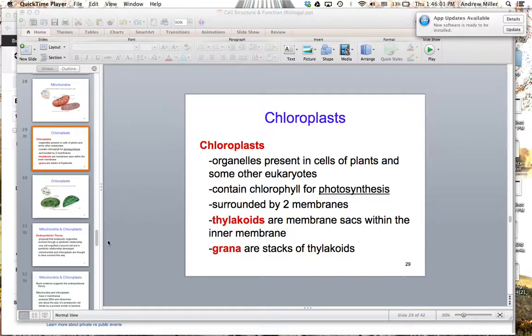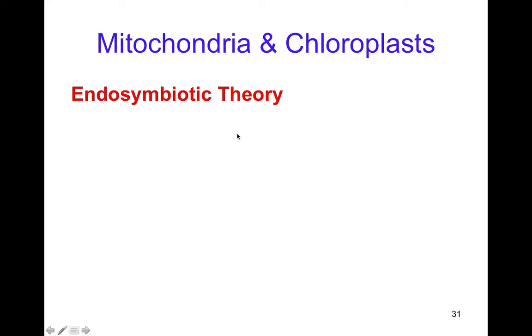Another concept I wanted to discuss a little bit further was this concept of the endosymbiotic theory. So scientists have always been curious to figure out how exactly these simple cells that started about 4 billion years ago became these very complex eukaryotic cells that have chloroplasts, lysosomes, ER, Golgi apparatuses, and all that good stuff.